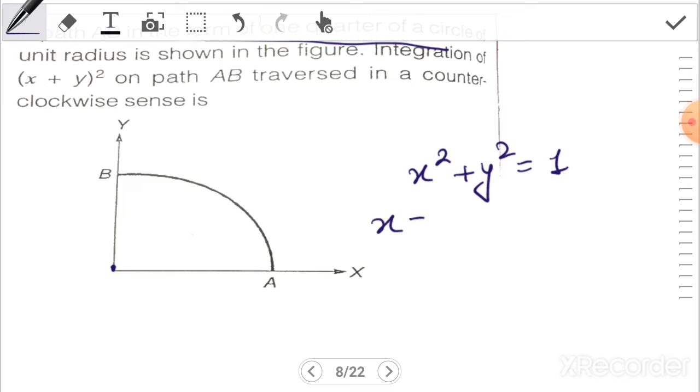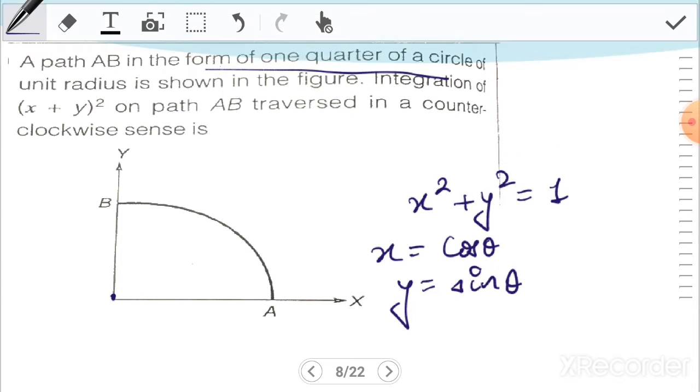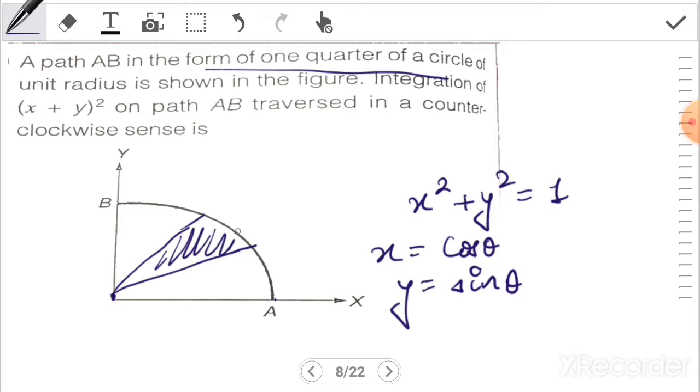So x is equal to r cos theta, r is 1, so cos theta, and y is equal to sin theta. And along path AB, theta varies from 0 to pi by 2.